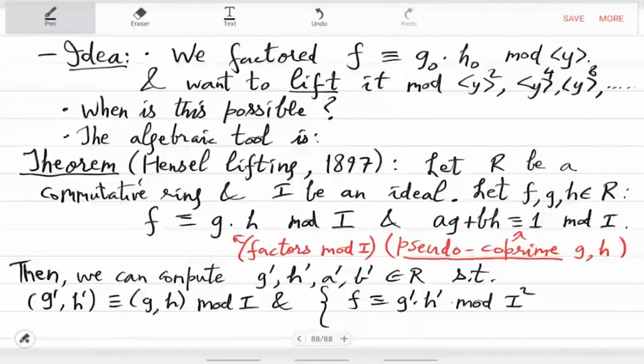That is called I square. It is simplest to understand in the case of a principal ideal, like when you had ideal y, then squaring is just squaring the single generator. But this theorem of Hensel lifting is very general, so it will work for any ideal. Principal ideal will have no utility here.